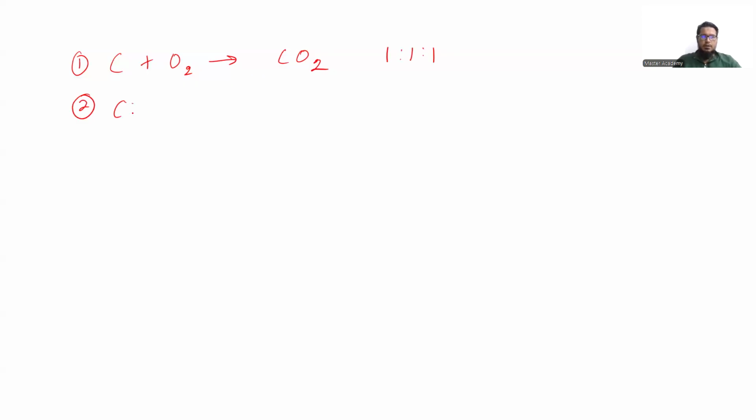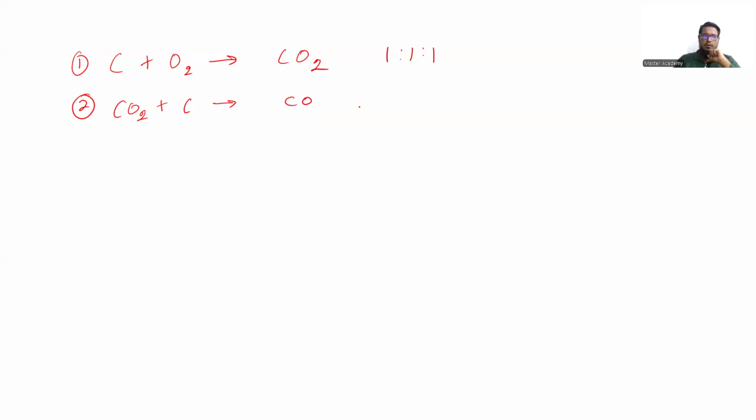Then the produced carbon dioxide, I'm telling you the full reaction of what is happening in the blast furnace from top to bottom. The carbon dioxide which is produced from the first reaction reacts further with coke and forms carbon monoxide. Normally carbon monoxide is a poisonous gas, useless gas, but in this situation, carbon monoxide is really helpful.